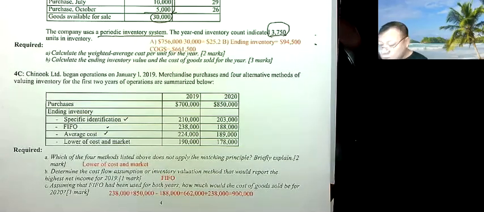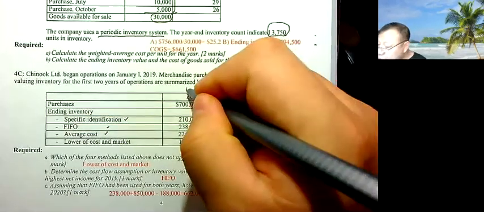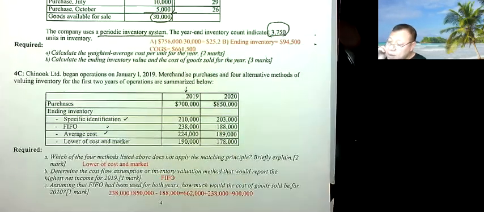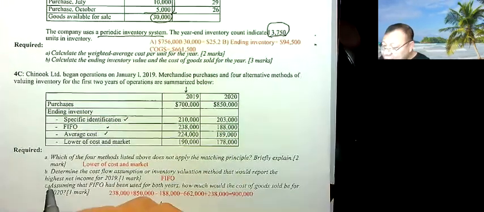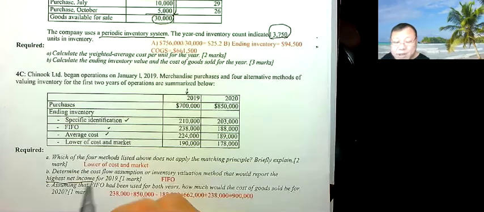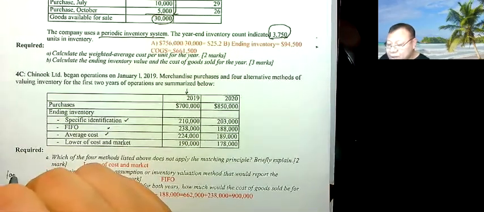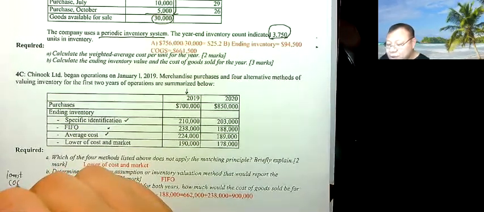Okay, so B, determine the cost flow assumption of the inventory valuation method that would report the highest net income for 2019. So for 2019, in order to have the highest net income, you are going to have the lowest cost of goods sold.